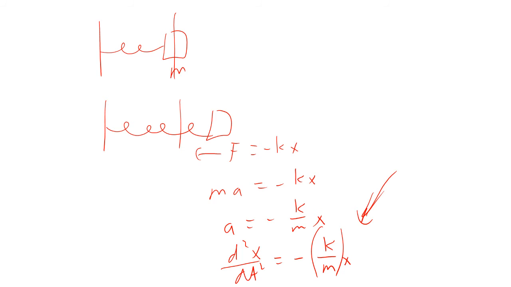So this is a very analogous sort of thing. The second derivative of q with respect to time squared equals minus 1 over LC times q. And that's the equation that we have to solve. What can we imagine this would be?